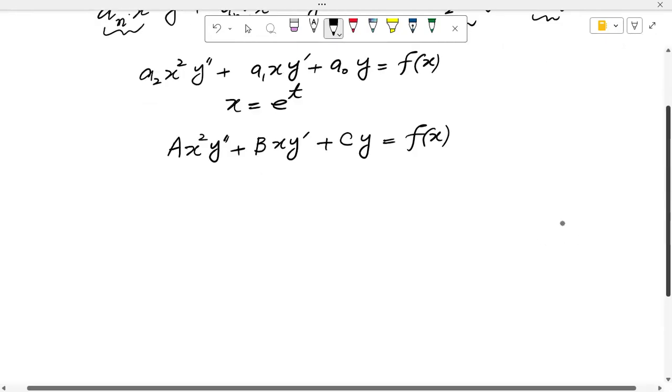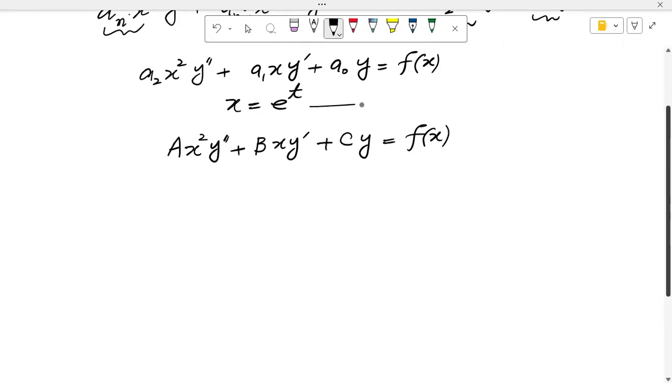Let's develop this with our suggested substitution. So I can define dx over dt, which is equal to e raised to the power t, which is x.